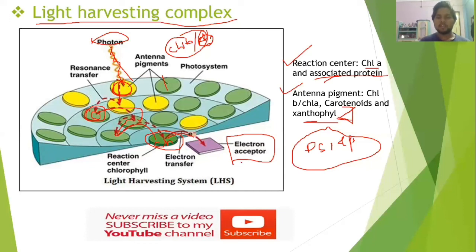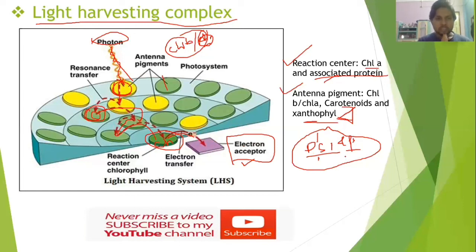When they receive the light energy in the reaction center, they get excited and release the electron from the chlorophyll, and it is passed from one electron acceptor to another, continuing in cyclic and non-cyclic photophosphorylation.